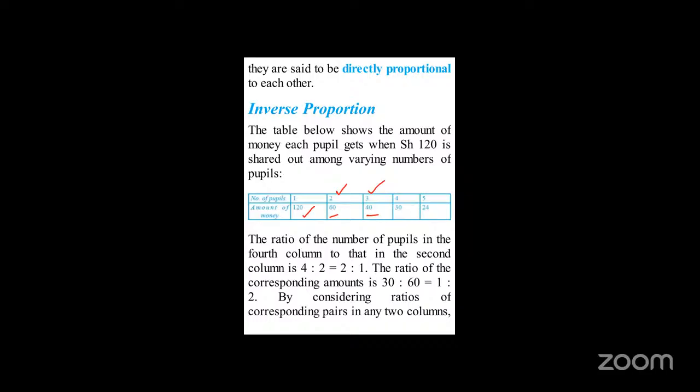Taking an example like in this case, 2:3. Writing their corresponding share, it will be 60:40. So when you simplify, the 0 and 0 cancel, then here we will have 3:2. So this one has increased as this one has decreased.